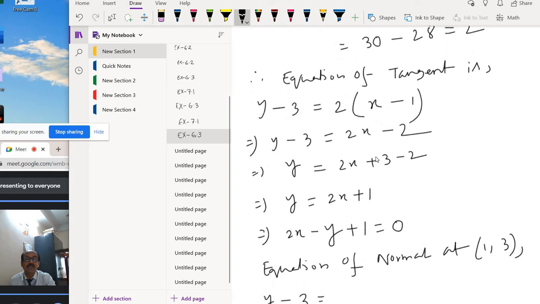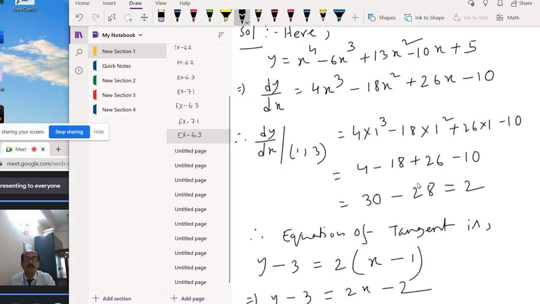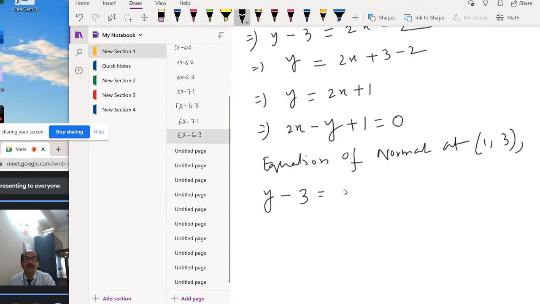So the normal slope is minus 1 by 2, because dy by dx is 2; minus 1 by dy by dx. So it is y minus 3 equal to minus 1 by 2 into x minus 1.